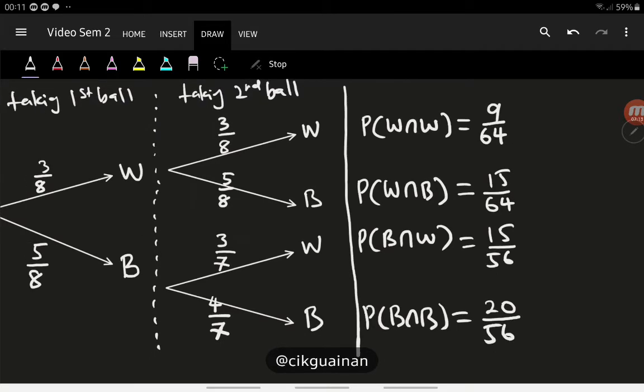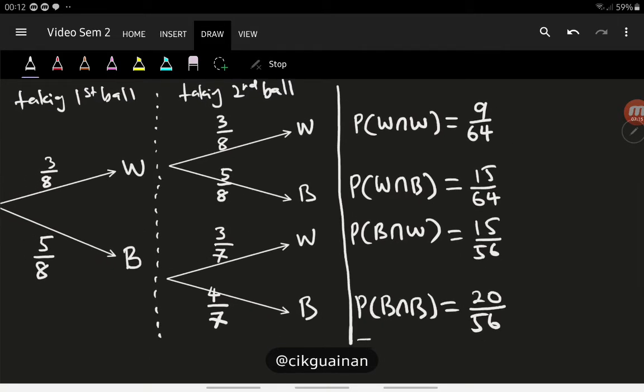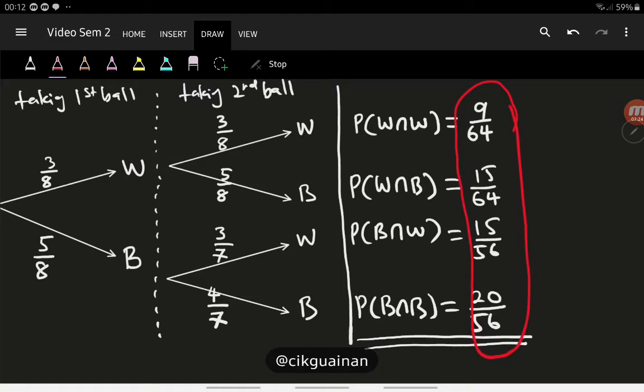Now the second way to check whether our tree is correct is to total these 4 fractions up, and we should get 1.